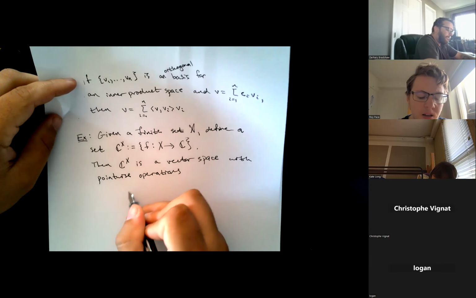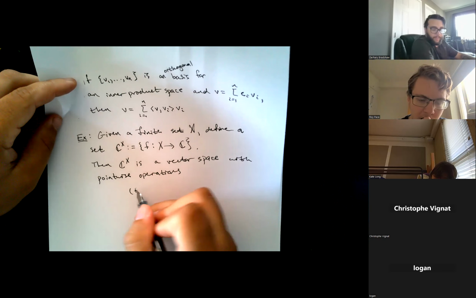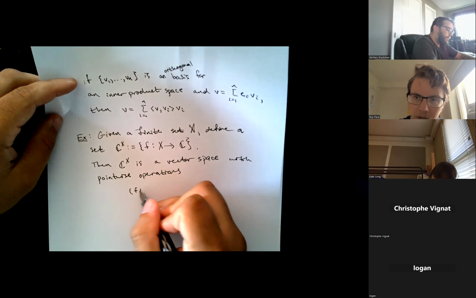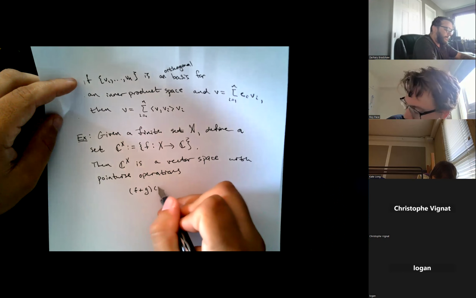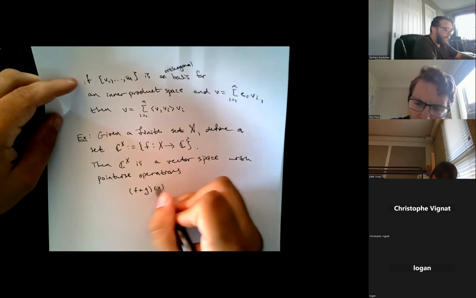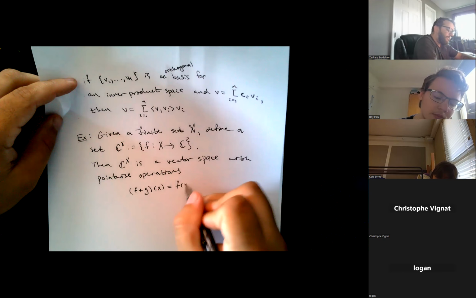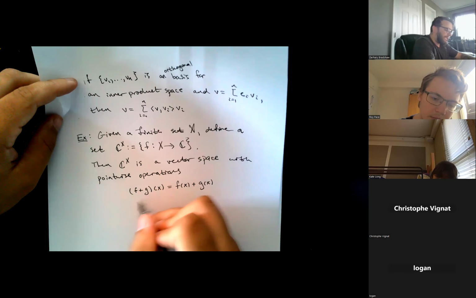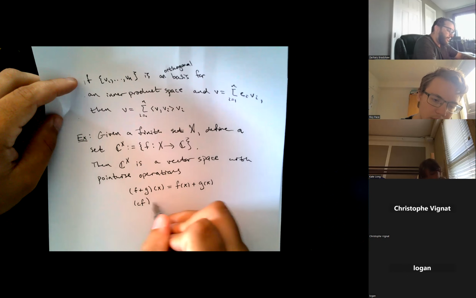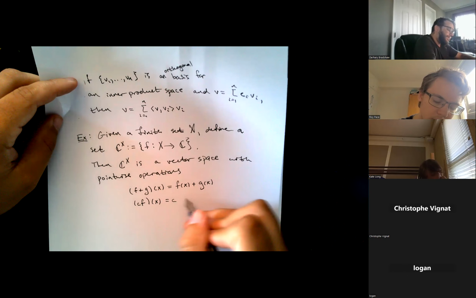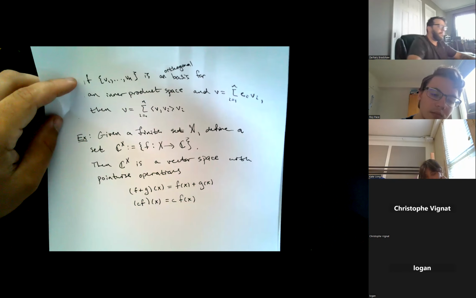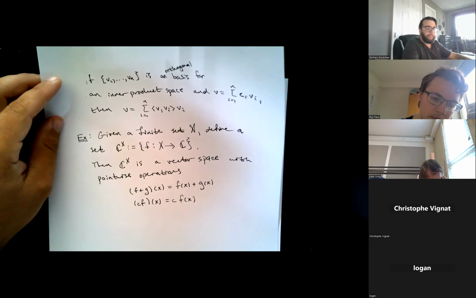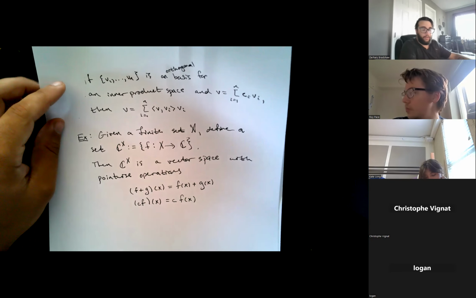What do I mean by that? I mean that if you have a function f plus a function g evaluated at x, this is the same as f of x plus g of x. And what do I mean by scalar multiplication? Well, this is just c times f of x. Okay.